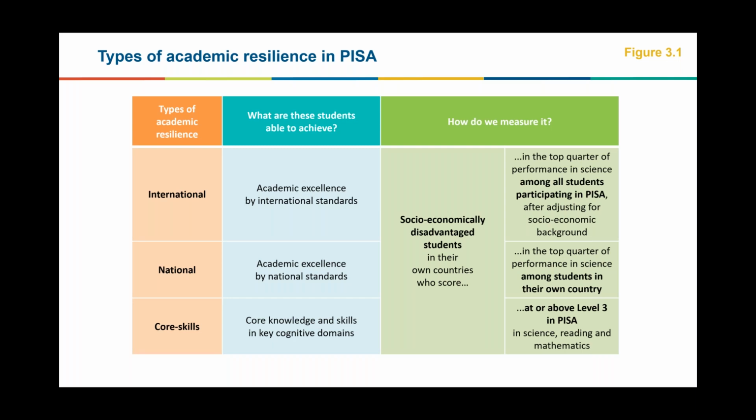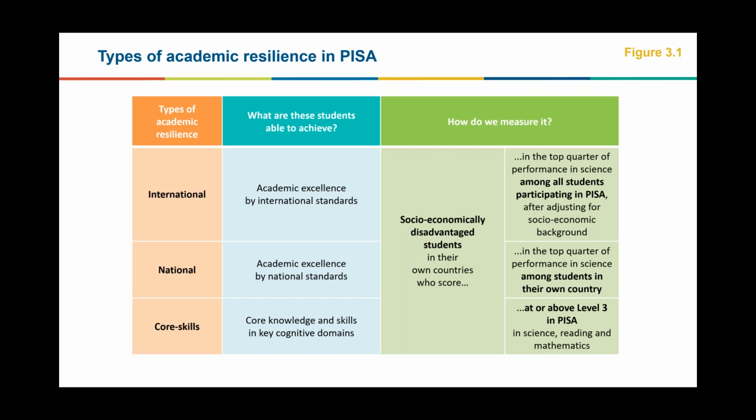In a way, that's the most compelling measure. To what extent do systems succeed to give students from disadvantaged backgrounds the kind of education that students from privileged backgrounds get? And we also look at what we call core skills resilience. To what extent do disadvantaged students do well in absolute terms? And we measure this by their performance at level 3 on the PISA assessment.